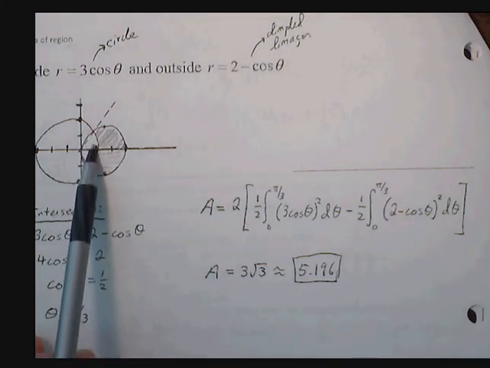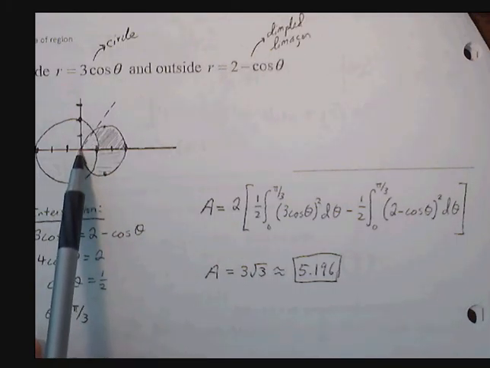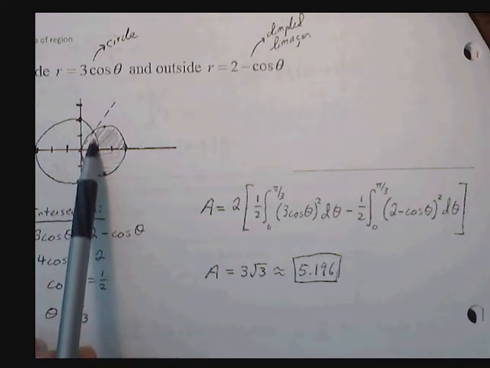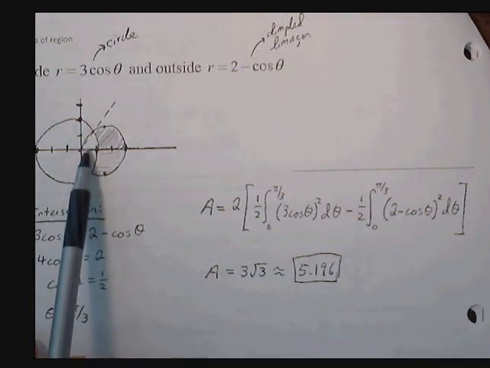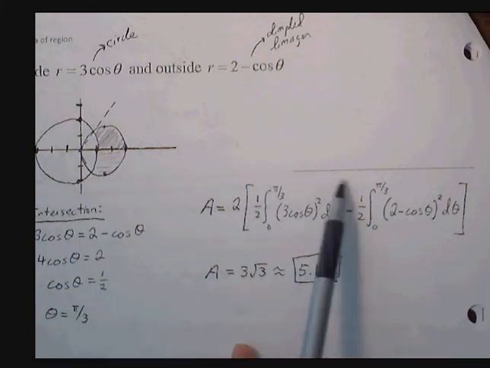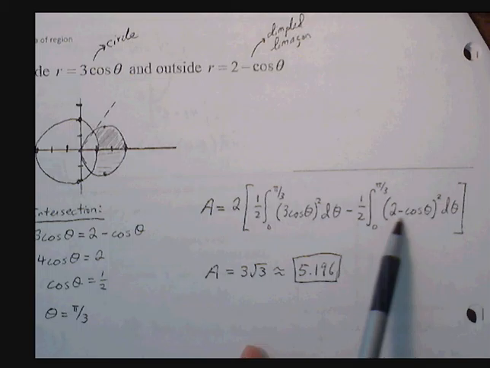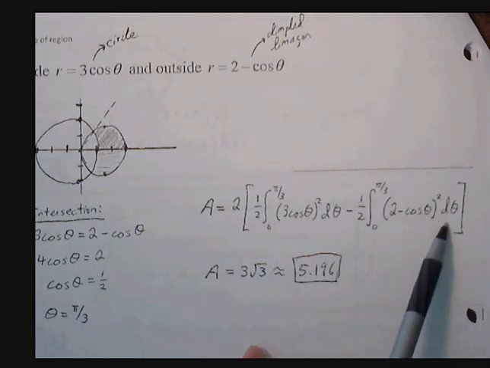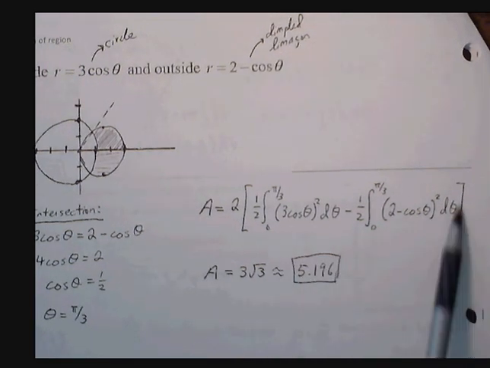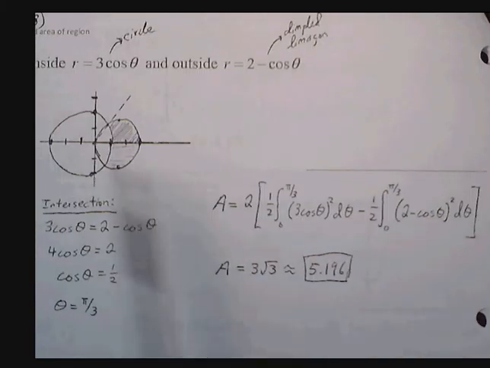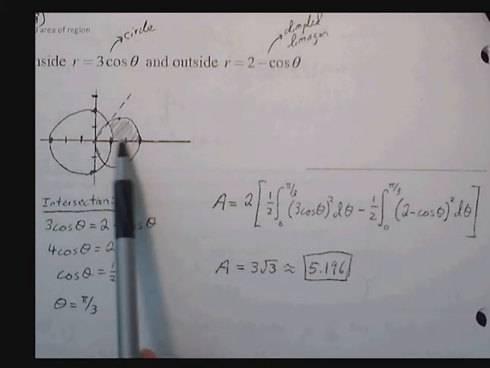So from the origin, we're going to create another area that we subtract out, and that will extend from the origin to the border of the dimpled limaçon between 0 and pi over 3. So 1/2 integral from 0 to pi over 3 of r squared, where my radius now is 2 minus cosine theta, squared, d theta. Now this whole expression will give me the area of just this portion in the first quadrant.